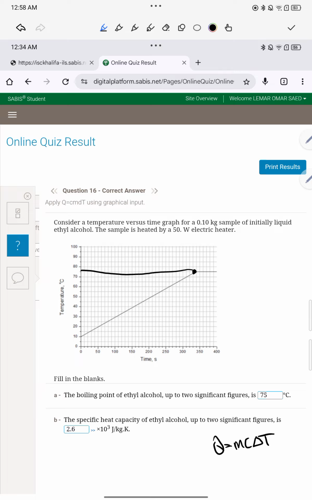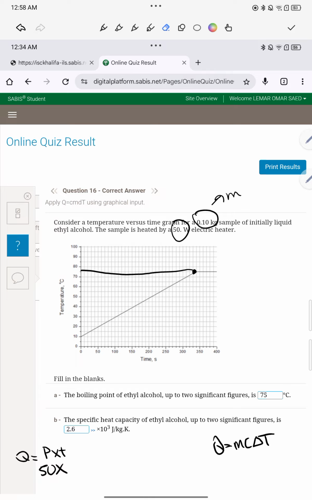First thing we have to find, we have the mass. We have to find Q here. So Q equals P times T. P here is 50, and P is in watts, by the way, times the time, at the time where it was constant.